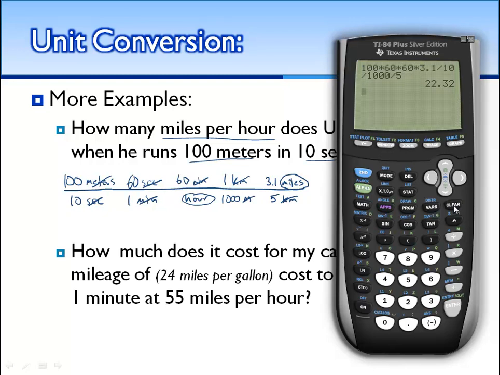Now, some people like to multiply all the numbers on top and then multiply all the numbers on the bottom and then divide them, kind of in a 3-step process. I personally don't know why they want to do it in 3 steps, but you could do that. You can do 100 times 60 times 60 times 3.1, and then do 10 times 1,000 times 5, and then divide those two numbers.